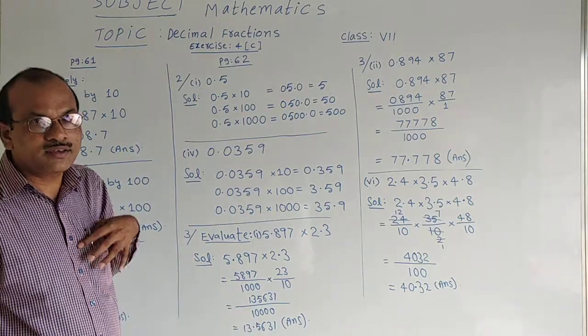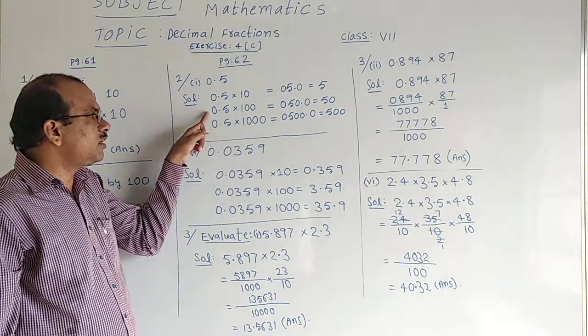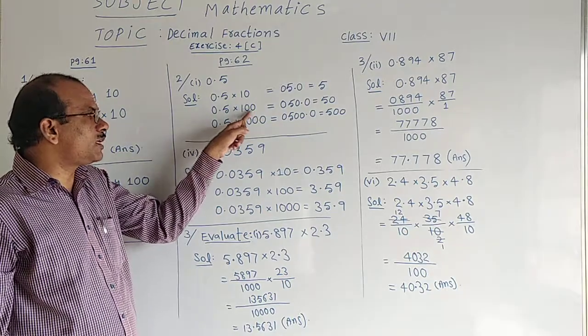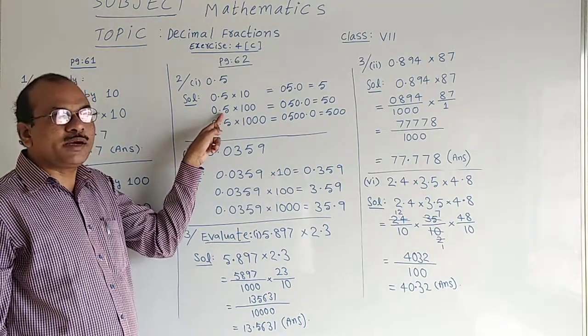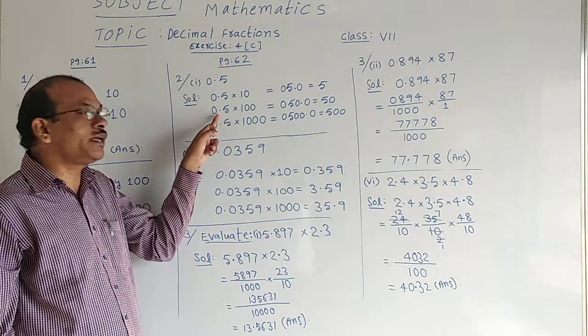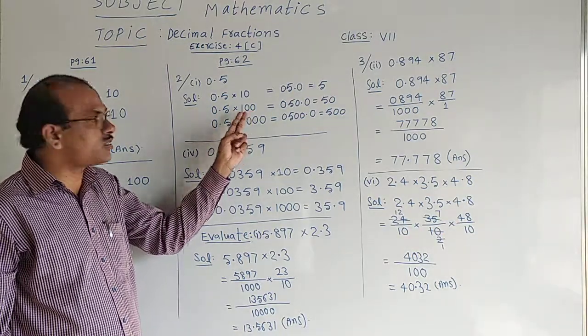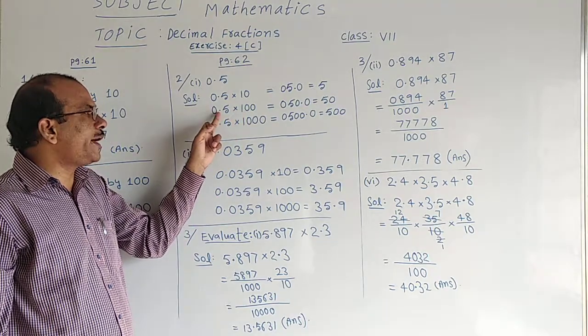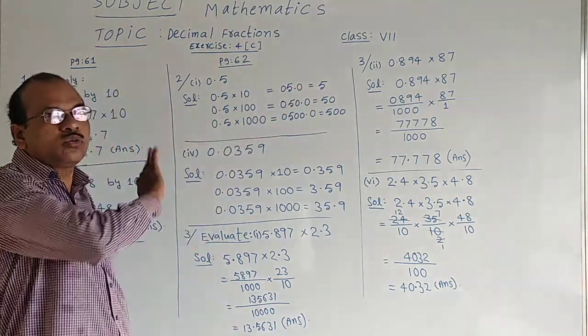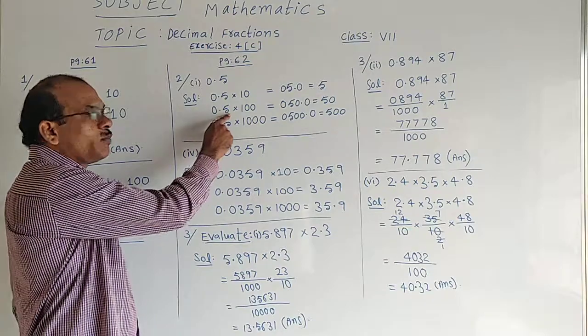Am I correct? Once again I am saying this. Here a number with 2 zeros we are multiplying with 0.5. That is 100 we are multiplying with 0.5. Since we have 2 zeros and starting 1, this point should cross 2 digits towards its right side from this decimal part.